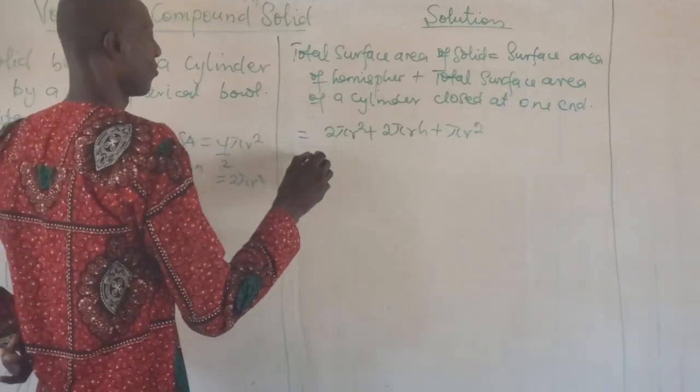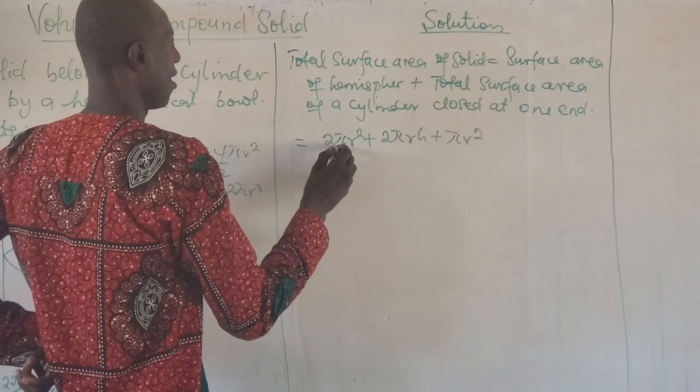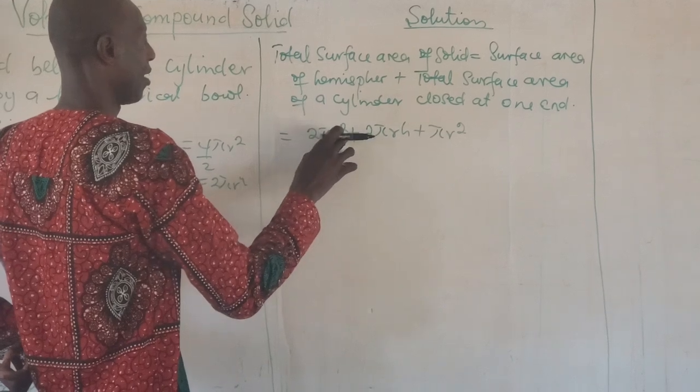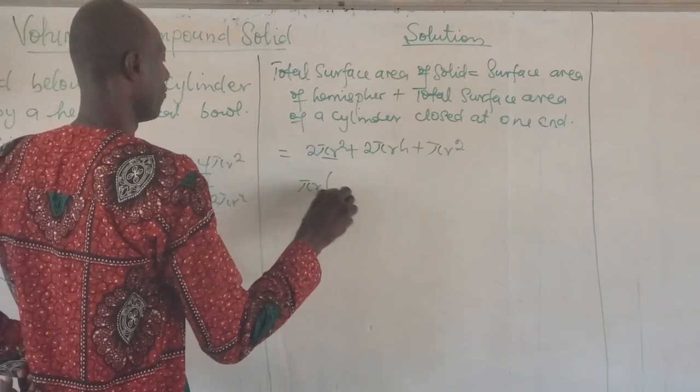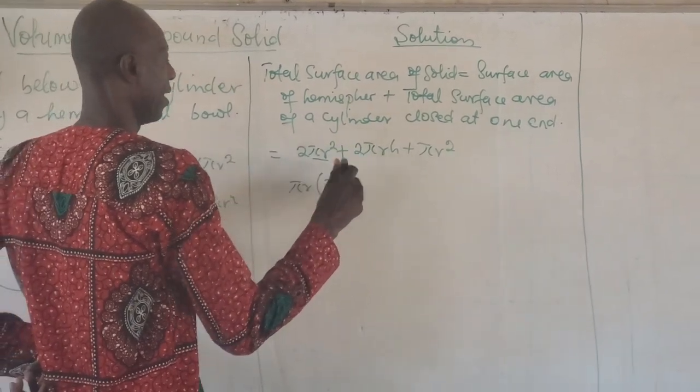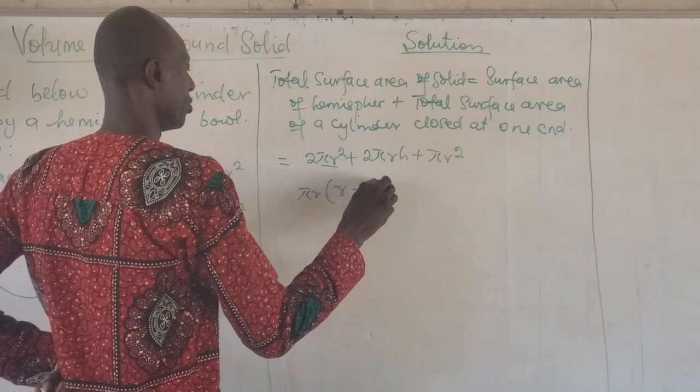So when you want to factorize this expression, we have pi r in common. So pi r is out of here. If you take pi r from here, you are left with 2r.